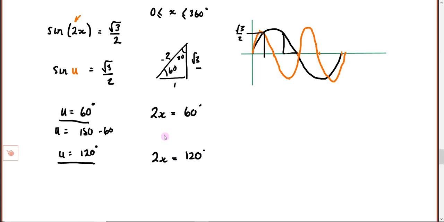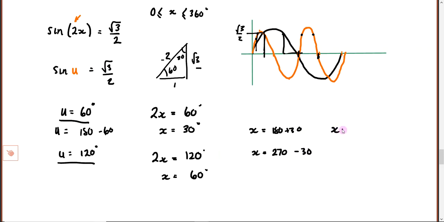So what is x going to be? Well, x is going to be 30 and x is going to be 60. And that will match on the orange there and there. But then, because I now have two wavelengths, I will also have a couple more. So x will now also equal 180 plus 30 and 180 plus 60.